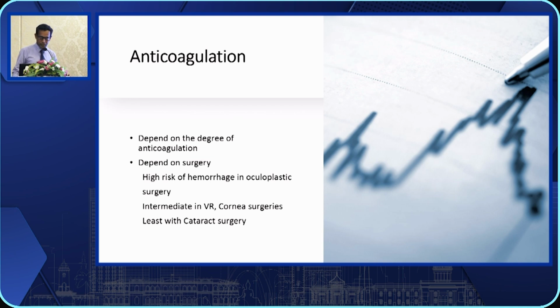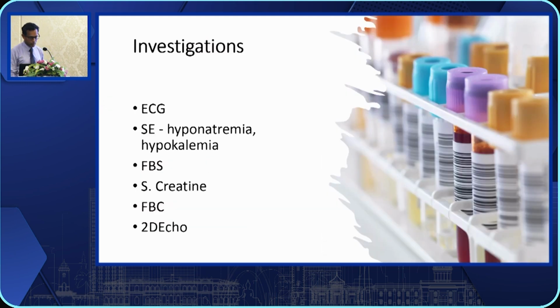In oculoplastic surgeries, always be careful about anticoagulants like warfarin, aspirin, and antiplatelets like clopidogrel. It's a very severe risk. And investigations: according to your history and examination, you need to decide which investigations are needed, depending on the patient. Basic investigations for the elderly patient, as for other surgeries, are ECG, blood sugar, and echo. All other investigations depend on your assessment of the patient.